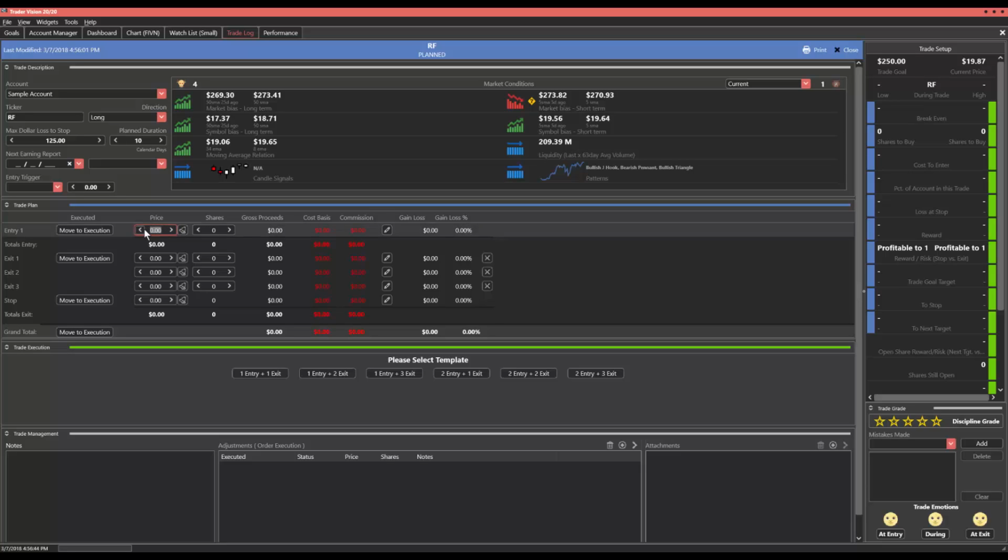2015 is the entry, 1975 is the stop. 21 bucks, 2160, and 2250, I think I said. 300 shares would keep me below 125, but again, because of this account size, let's try 70 shares.